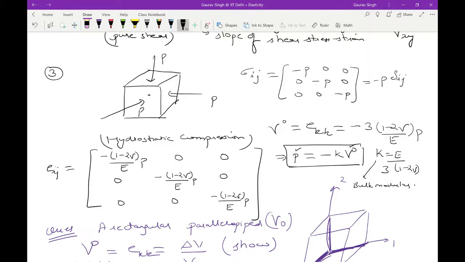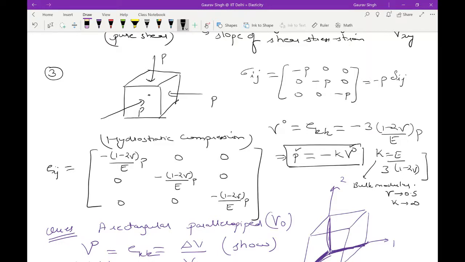And the Poisson's ratio, so let's see, if the Poisson's ratio in this expression approaches 0.5, the bulk modulus kappa tends to infinity. Can you see that in this expression?